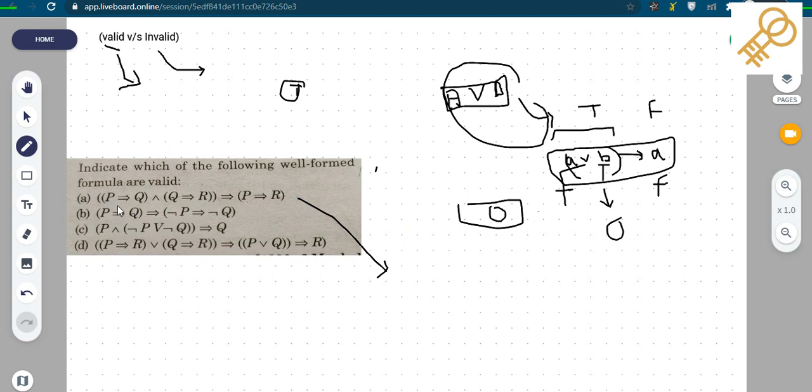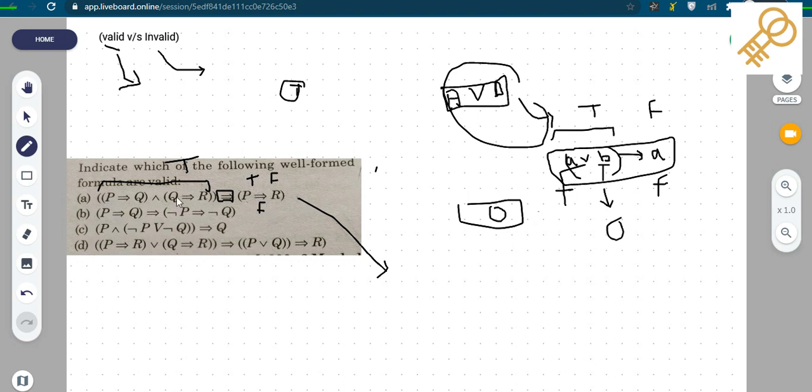They have given implication here, so we'll try to prove this as false and this whole side as true. To prove this as false, this should be true and R should be false, because again there is the implication for this whole expression.